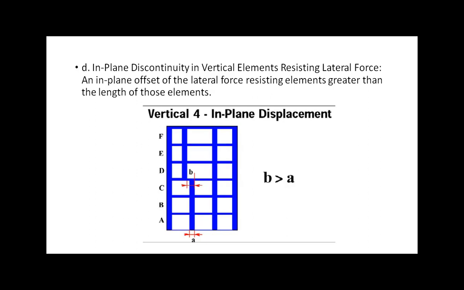So offsets, whatever the offsets in the building, and in plane offsets of the lateral force resisting elements greater than the length of those elements. Please write down this or draw the diagram.